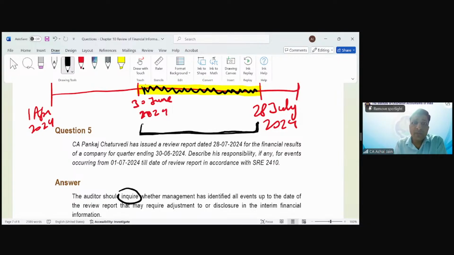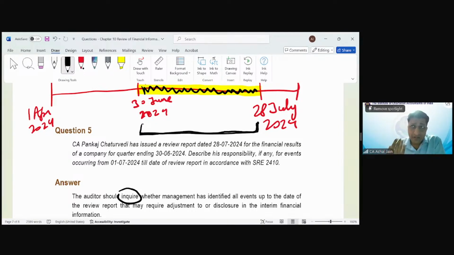If you believe it is needed, you will do analytical procedures. If you believe there is something important for which you need to go beyond that, you need to check, test and verify, then you will go down that path as well. But that is done in a very, very limited manner generally, because in case of a review, your scope is less.